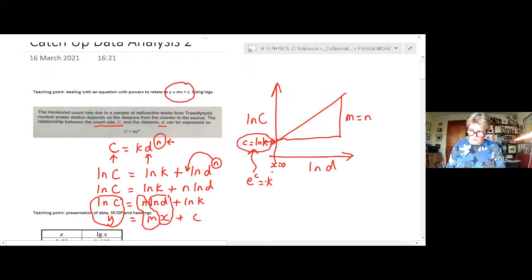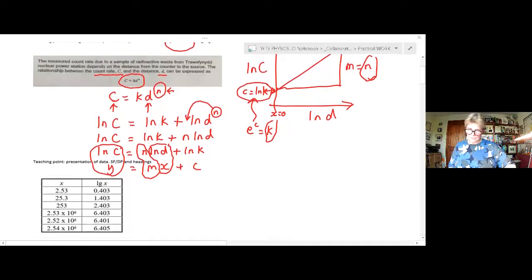Once you've got this constant, and once you've got this n, you can put it back into this equation here to get a value for k and n, which is the relationship between c and d. And that's the whole point of doing this.